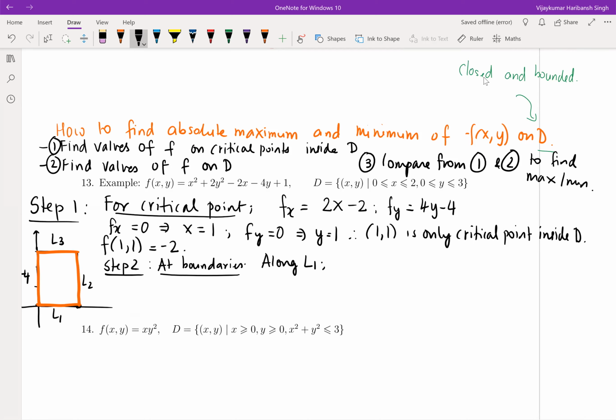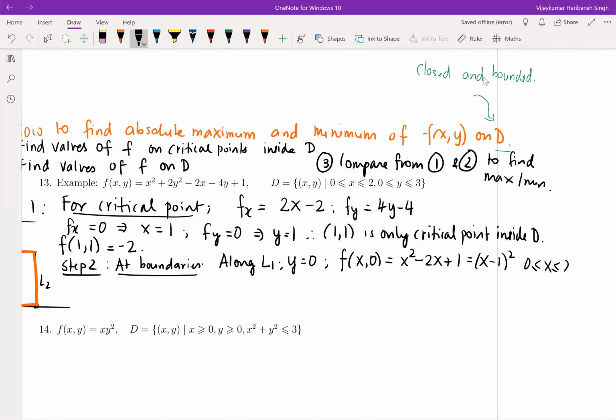We have y is 0, and hence f(x, 0) is going to be, wherever there's y you put 0, x squared minus 2x plus 1, which is the same as (x minus 1) the whole square. And you're looking at this function from 0 to 2.